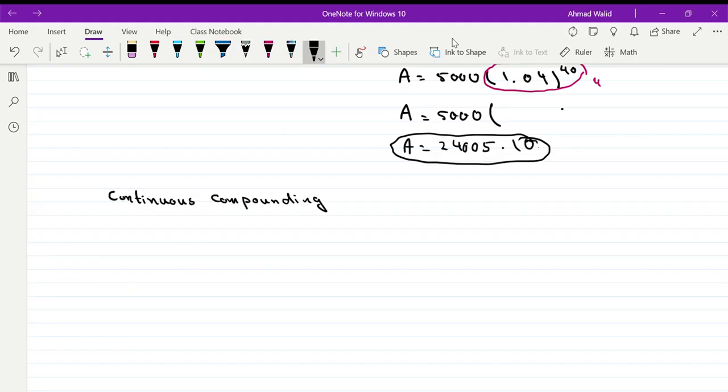In the previous lecture, we just compounded annually, semi-annually, monthly. But in this topic, we are talking about continuous compounding. Correct?